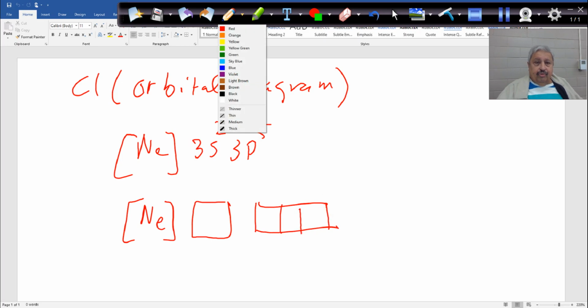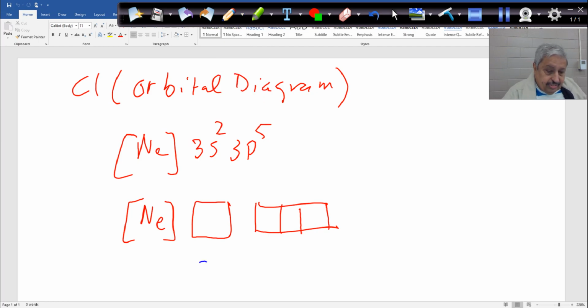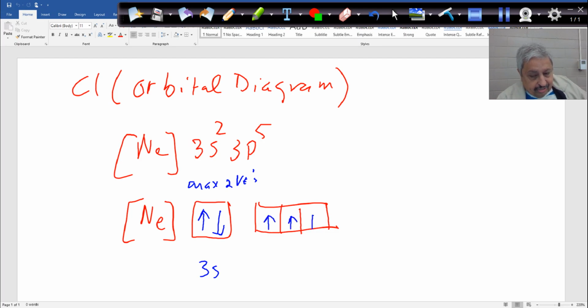So what Pauli is telling us is that this is 3s here. One arrow up, the other arrow down, correct? And maximum of how many? Maximum 2 VEs here, correct? And they have different spin. And the second rule we'll talk about. It has to be going singly and parallel to each other.